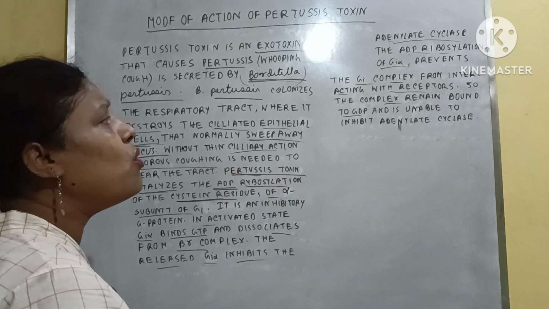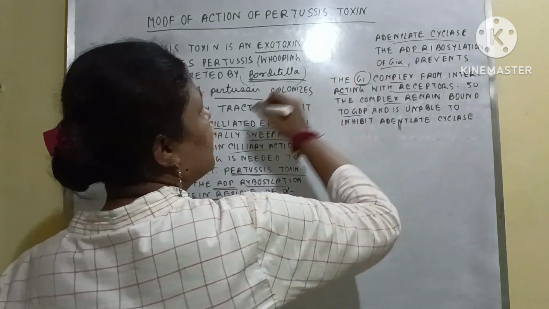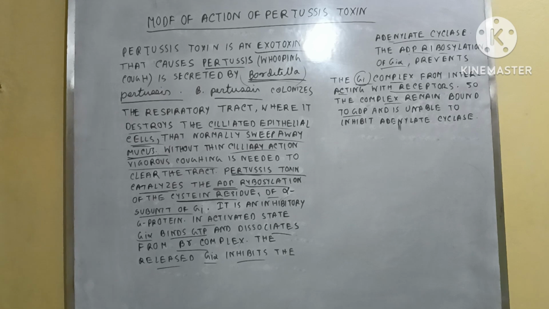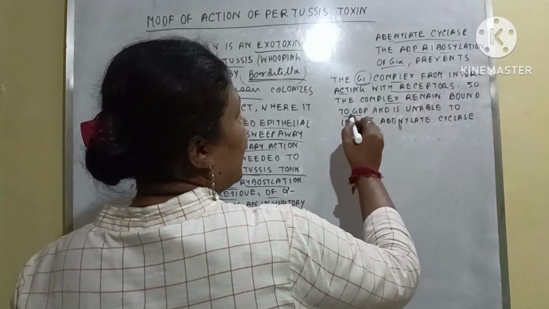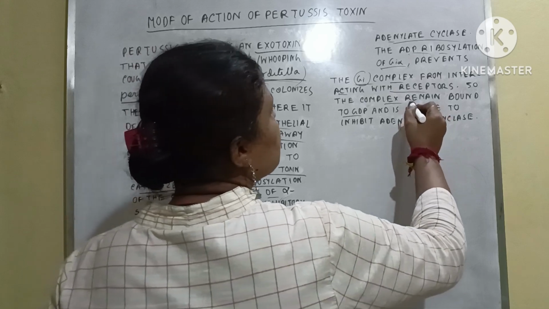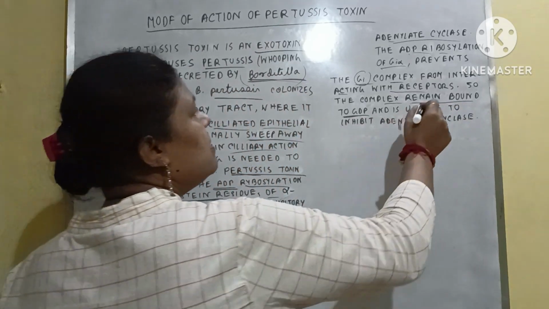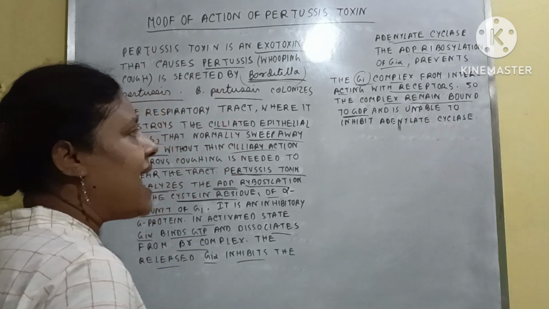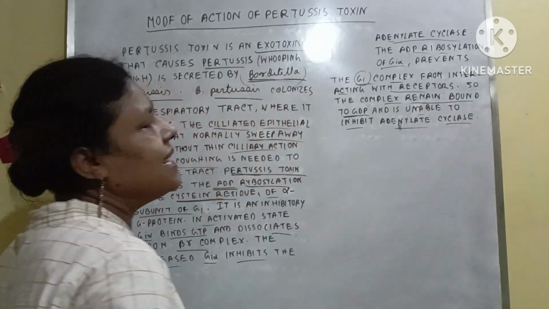That means no receptor can bind with this Gi complex. So dissociation of the Gi alpha from the beta gamma is not possible, and as a result the complex remains bound to GDP and is unable to inhibit the adenylate cyclase.